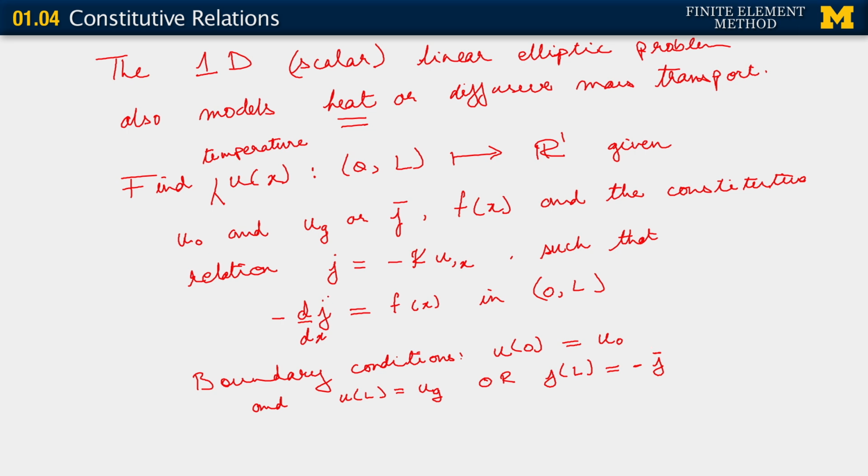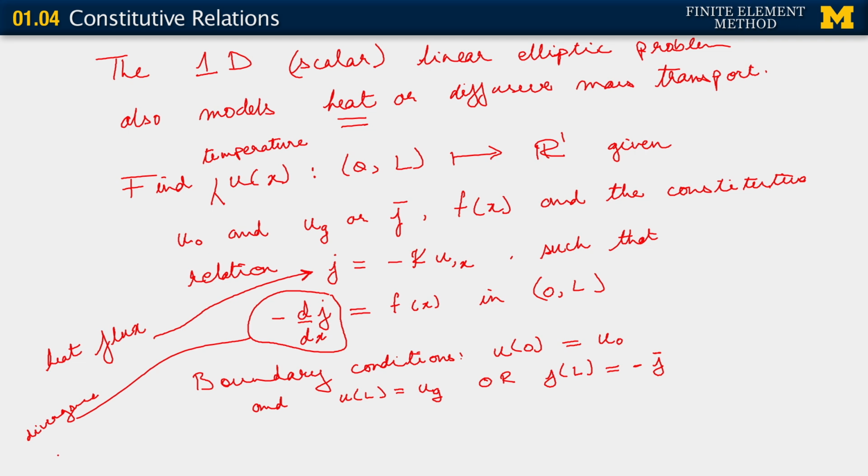Now, in doing this, observe that what we have here is to be thought of as the divergence of the heat flux. And in fact, J in this case would be the heat flux. What I've circled here would be the divergence of the heat flux.